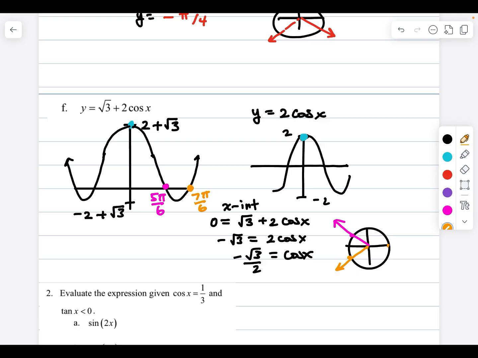Starting at 0 and going clockwise, that angle in orange here will be negative 5 pi over 6. And going clockwise from 0, we get to negative 7 pi over 6. And these intercepts should be symmetric to the y-axis. The orange intercepts are 2 pi apart, and so are the pink ones.